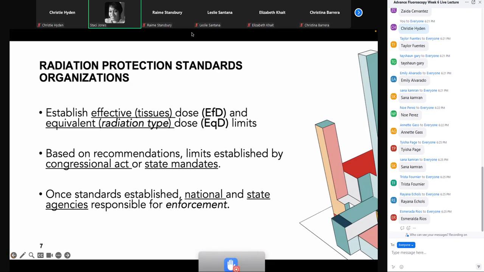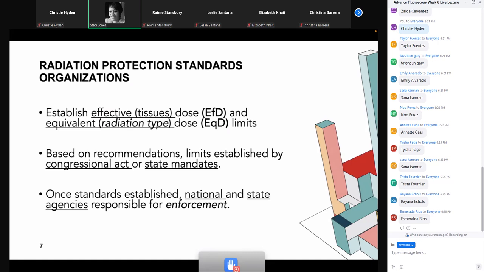Then some of these organizations make recommendations to limits that are established by either congressional acts or state mandates. So you have organizations that establish the limits.